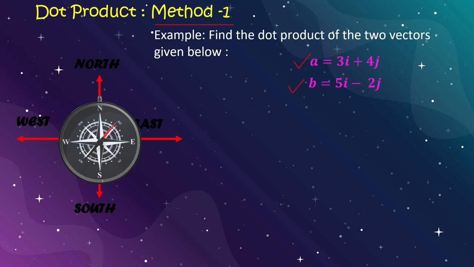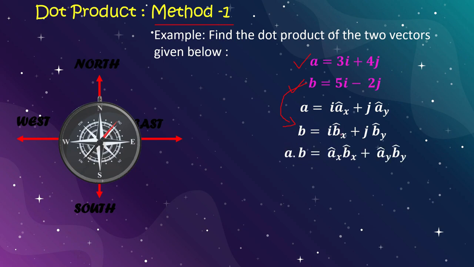So, this component will be ax, this one will be ay, this one will be bx, and this one will be by. So, a can be written in the form of ax i cap plus ay j cap, so magnitude into direction. Similarly, b can be written in the form of bx i cap plus by j cap.